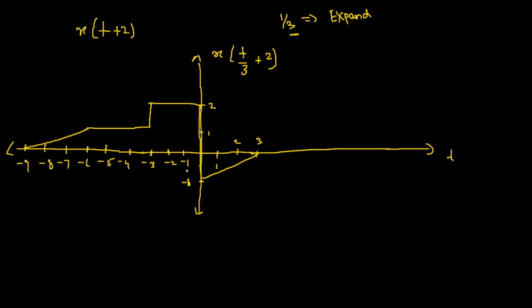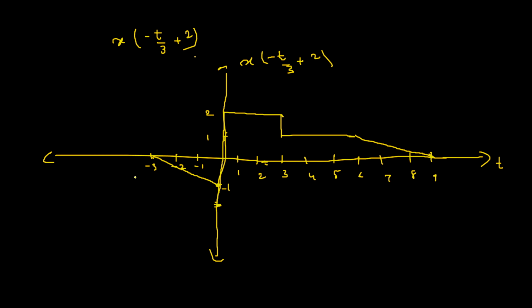Whatever was at 1 went to 3, whatever was at 2 went to 6, and the shape of the graph remained the same while getting expanded. And then we finally performed time reversal. We just flipped our graph about the y-axis. So whatever was in the negative side came to the same positive side. So this is the first question.